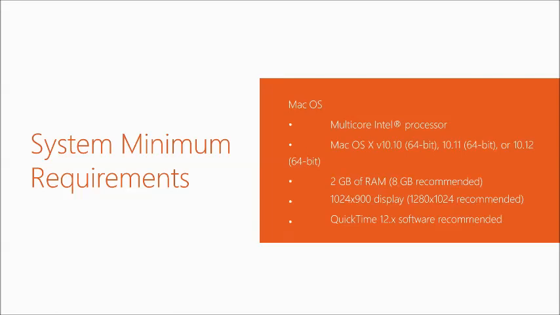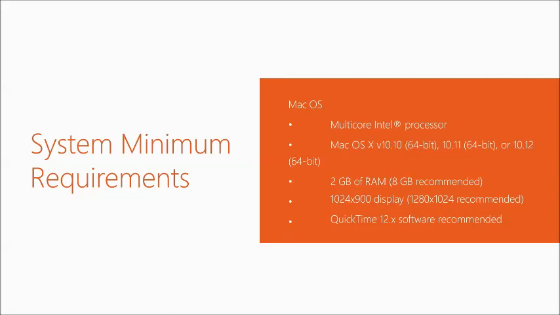For the Mac OS, if you are a user of Mac, it is a multi-core Intel processor. So Mac OS version 10.10 must be 64-bit, 10.11 is also 64-bit, or 10.12 64-bit. There must be at least 2 gig of RAM and a recommended 8 gig, and a 1024 by 900 display, but it is recommended to use 1280 by 1024.